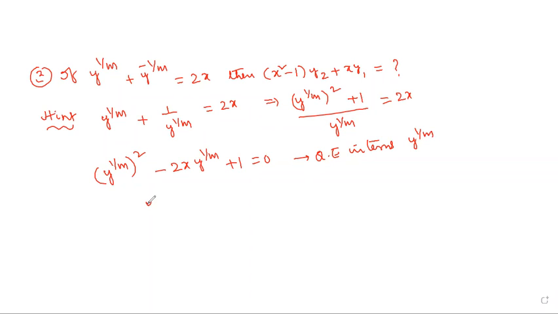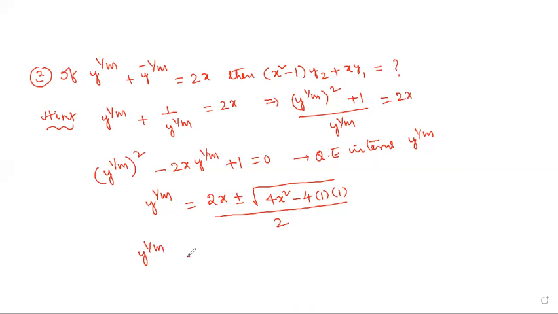So the roots formula: y power of 1 by m is equal to minus b, minus minus is plus 2x, plus or minus root over b squared, 4x squared, minus 4ac, where the a coefficient is 1 and the c value is also 1, divided by 2a, that is 2. So y power of 1 by m is equal to 2x plus or minus 2 root over x squared minus 1, divided by 2. Take 2 common and cancel.